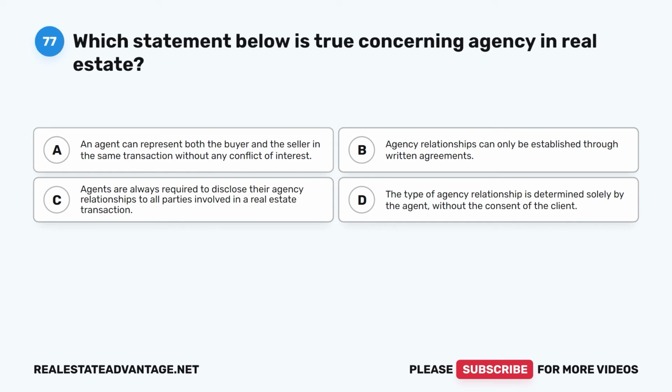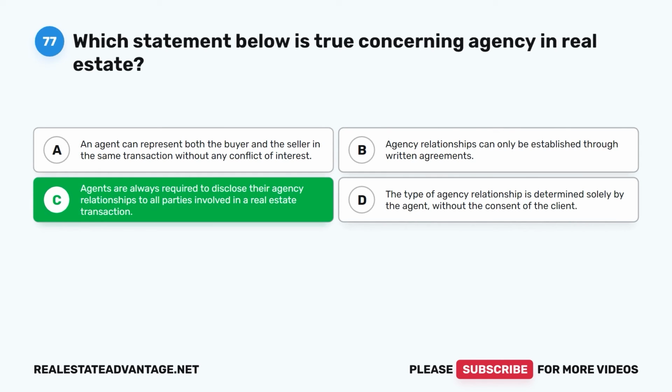C. Agents are always required to disclose their agency relationships to all parties involved in a real estate transaction. D. The type of agency relationship is determined solely by the agent, without the consent of the client. The correct answer is C. Agents are always required to disclose their agency relationships to all parties involved in a real estate transaction.